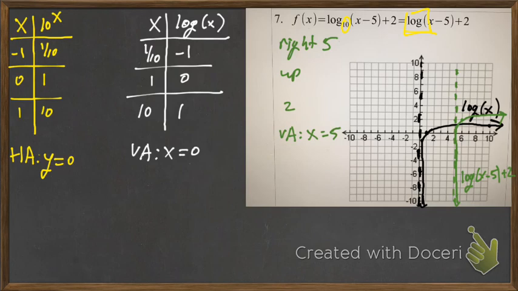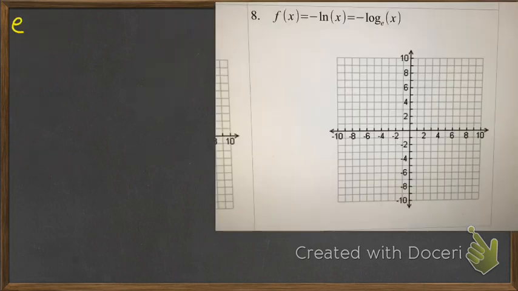Okay. So I didn't mention that we'll have two special logs. We have log base 10, which we call log, and then we have another one, log base e, which we'll call ln. And they have a lot of applications, so we see those on the calculator. ln is probably the best one to use when we're doing a lot of applications. So here we go. We have negative ln of x, which is negative log base e.